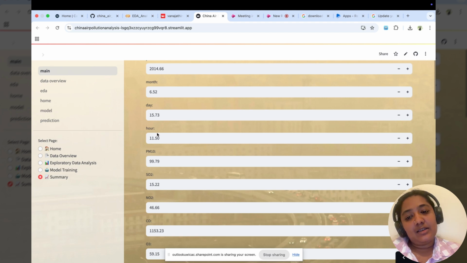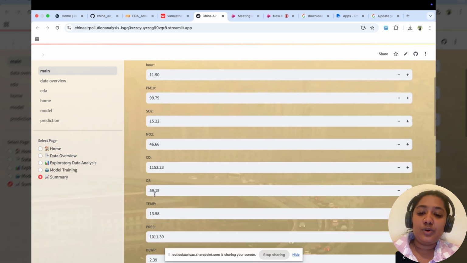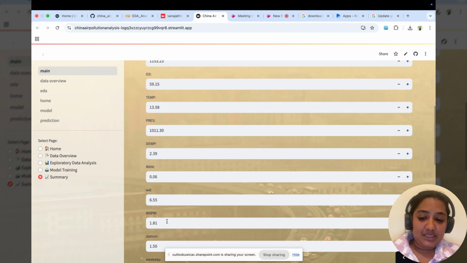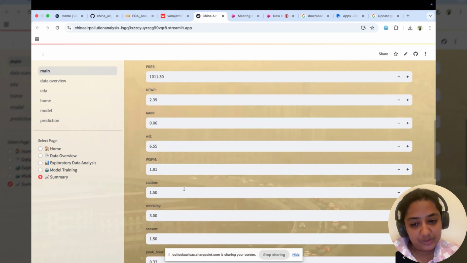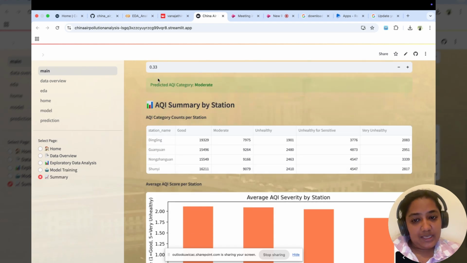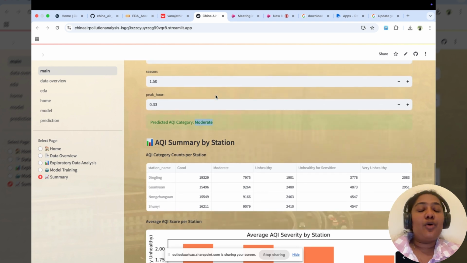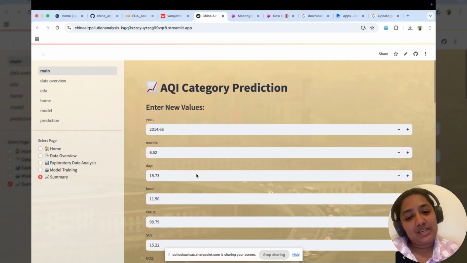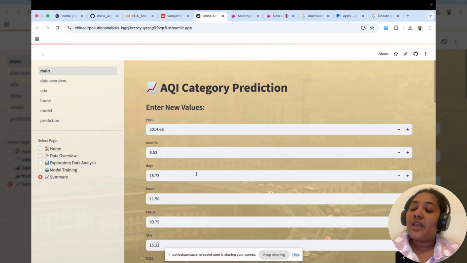We have PM10, SO2, NO2, CO, O3, temperature, wind speed, and so on. According to these values, we can easily predict the air quality index, whether it is moderate, poor, good, or bad. So this is what I have developed for the air pollution application, the China Air Pollution Index analysis application.